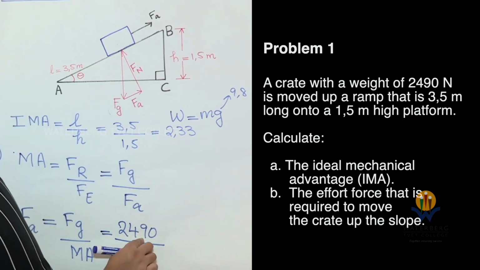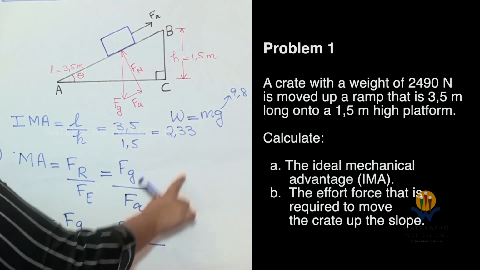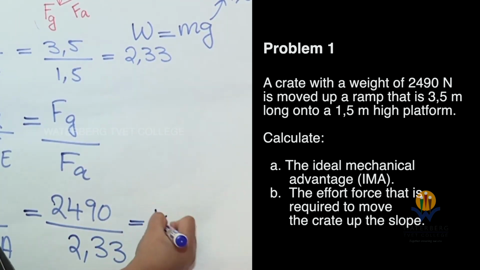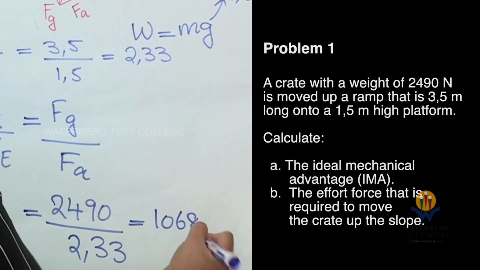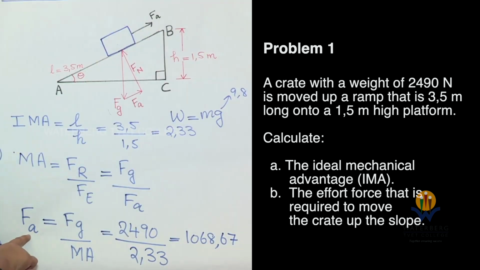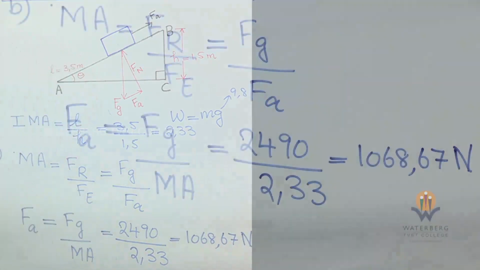If it's not given, we calculate using W equals mg if mass is given. So Fa is 2490 over the ideal mechanical advantage of 2.33, which gives you 1068.67. And what's the unit? It is the effort force, therefore the unit is Newton.